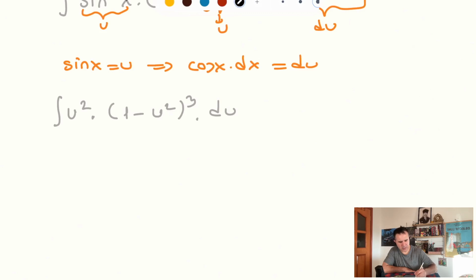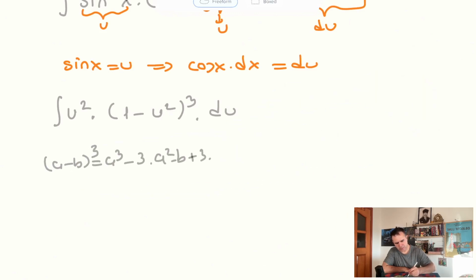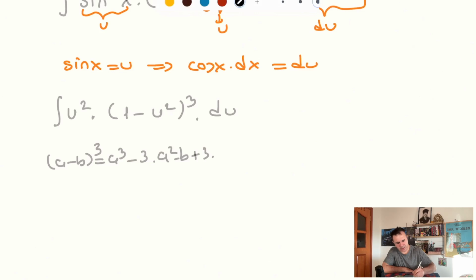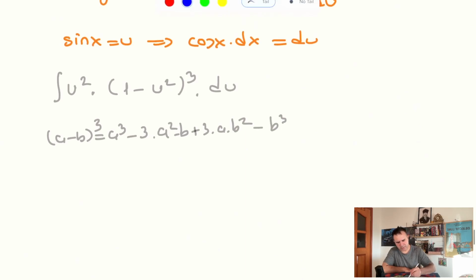Remember that (a minus b) cubed is equal to a cubed minus 3 times a² b plus 3 times a b² minus b cubed. Here we have 1 for a, and u² for b.